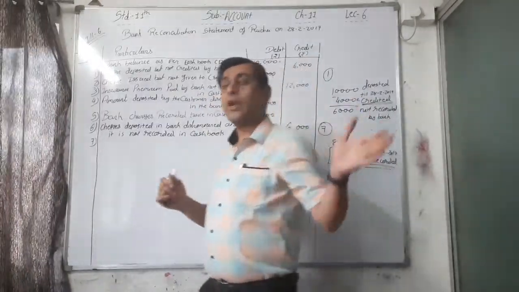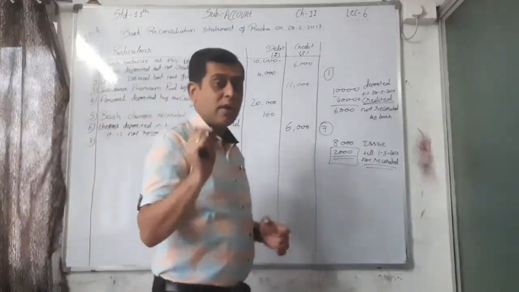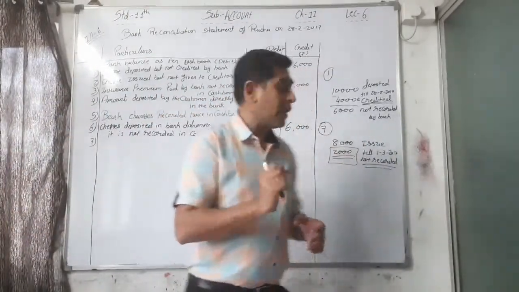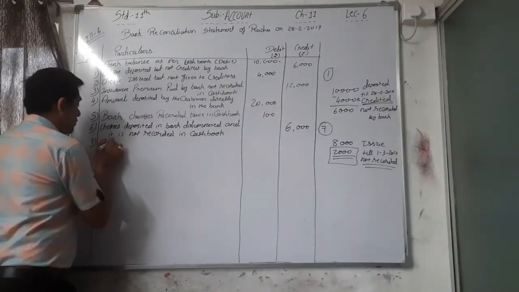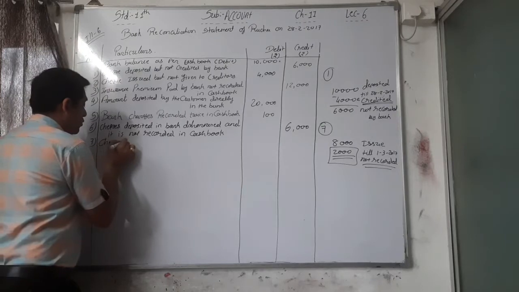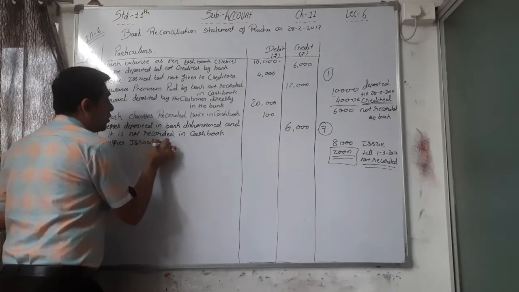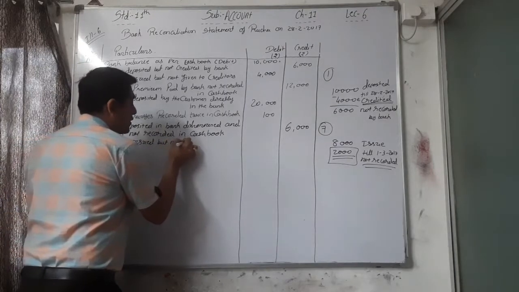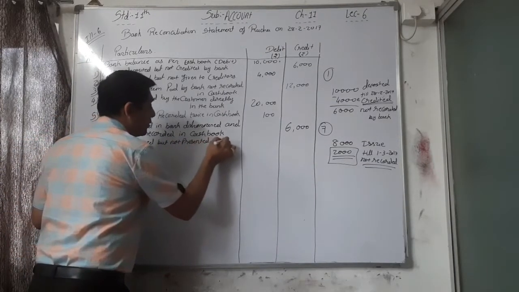So ignore 8,000, just record the 2,000 that is not recorded in the bank. Checks issued but not presented in bank.